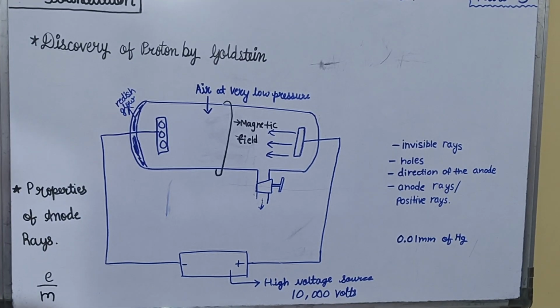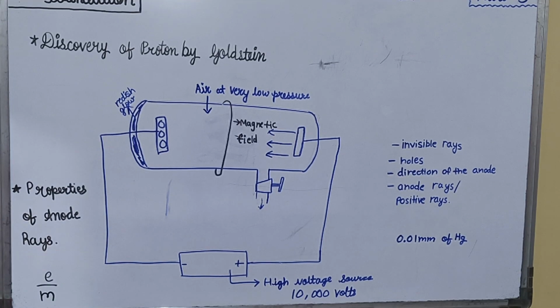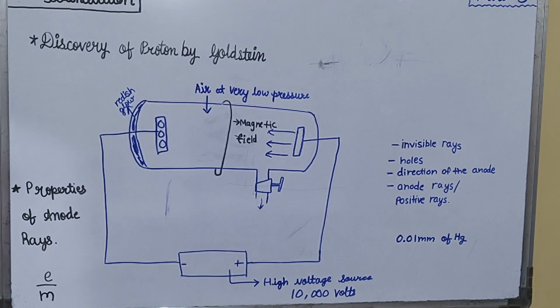In next part, part 6 of this chapter, atomic structure, we will learn biodata of a proton. Then we'll see the comparative study of the properties of cathode rays and anode rays. And then we'll move towards the important topic that is discovery of neutron by Chadwick.